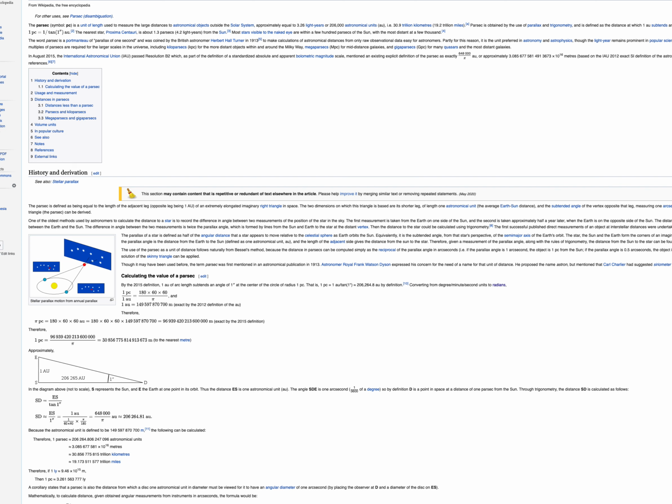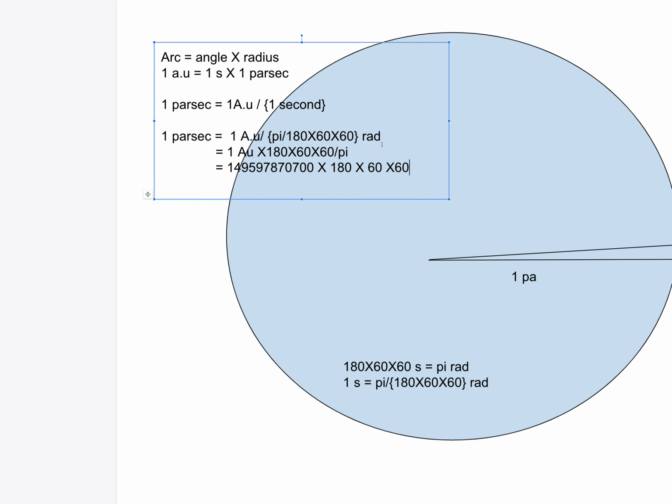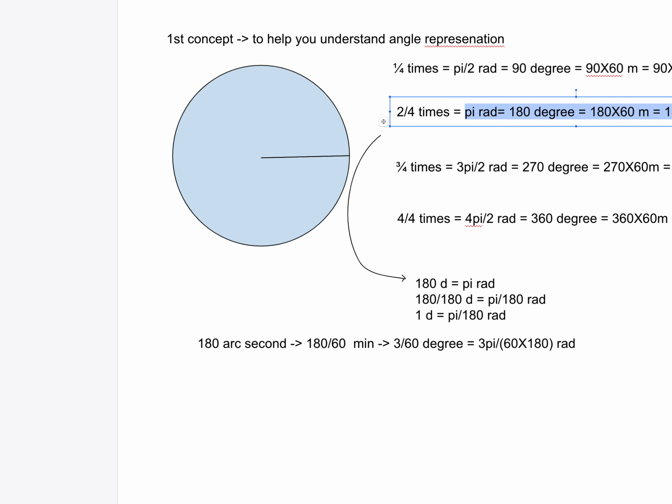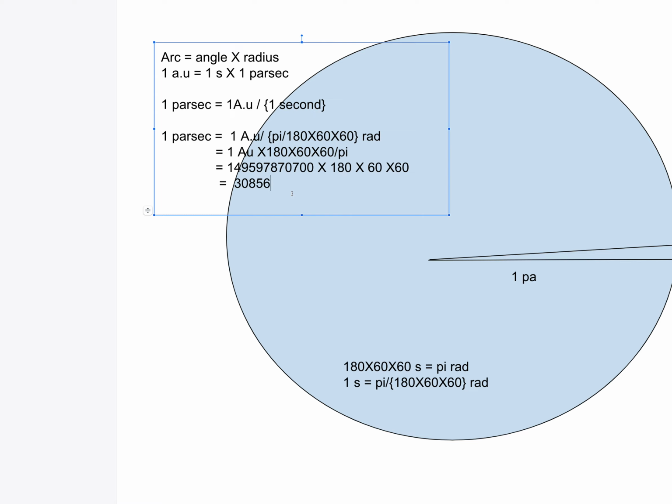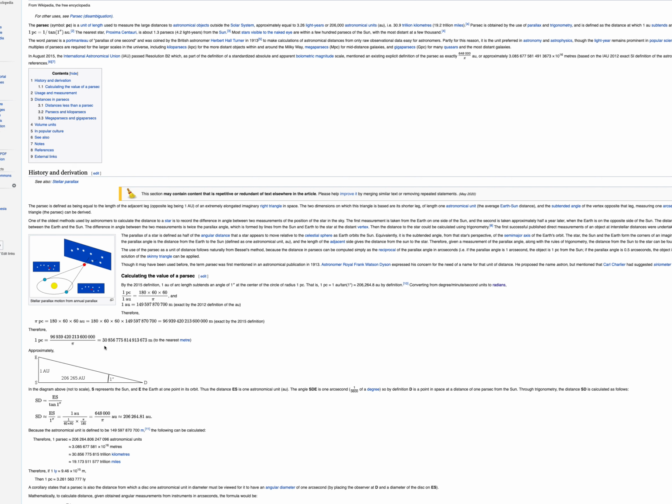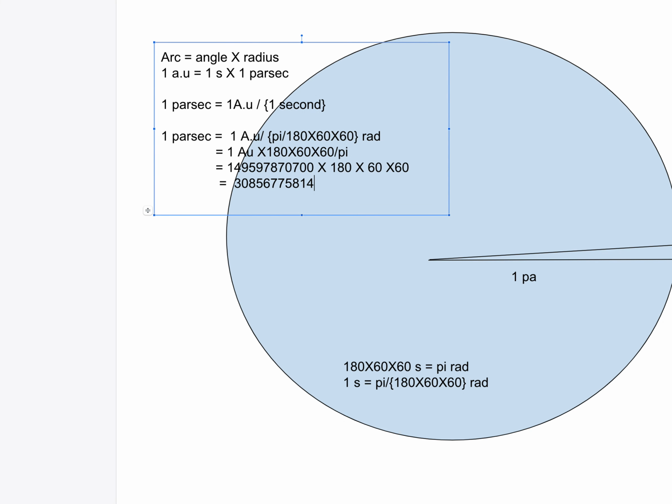1 minute, so that you get a complete understanding. So this becomes 30856 775814 913673.